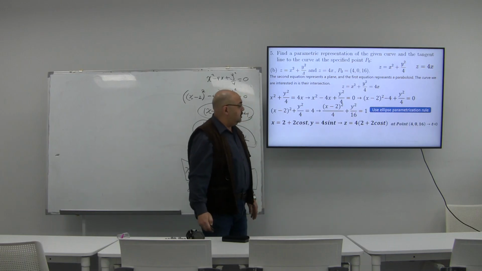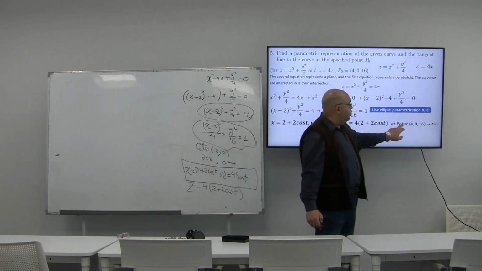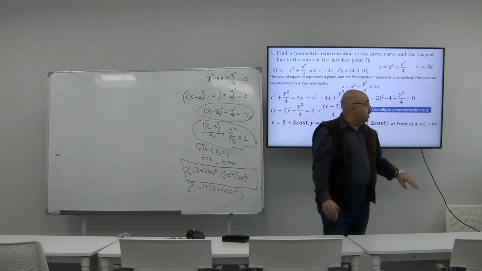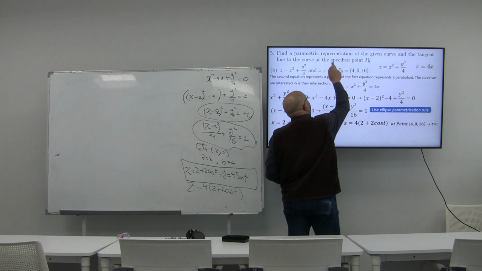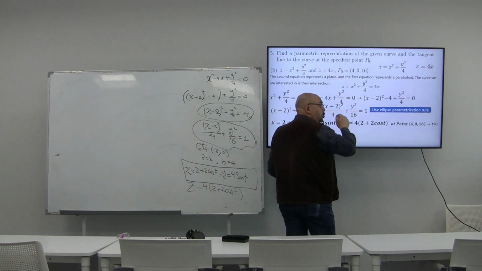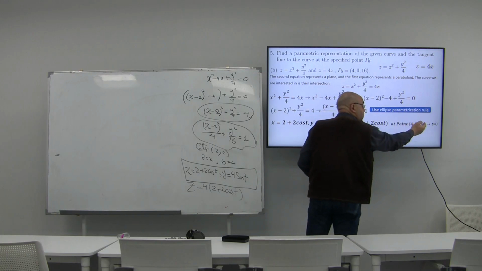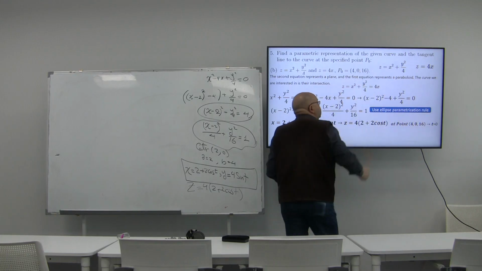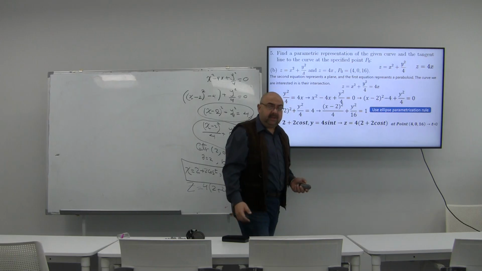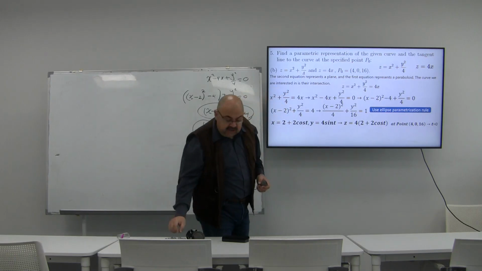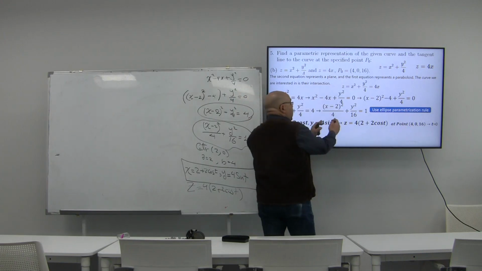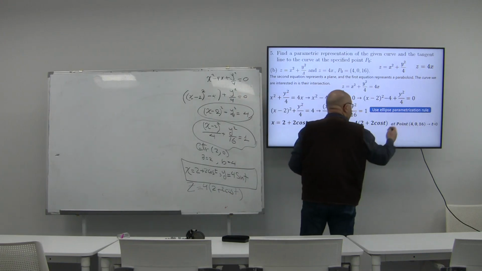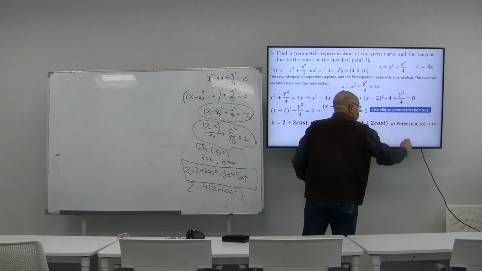So I will start at the point which is (4, 0, 16), but stop. (4, 0, 16), these are Cartesian coordinates. I will need to find the corresponding values for (4, 0, 16), but relative to the t value. So how to do this? I will try to solve these equations. The first component should equal 4, the second component should equal 0, the third component should equal 16.